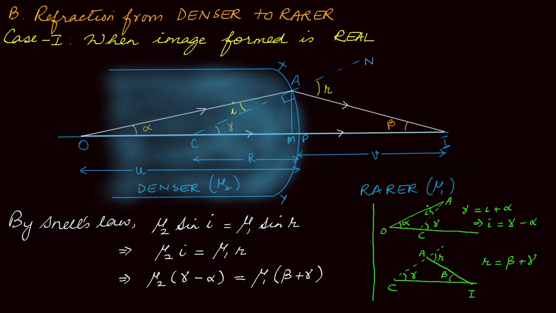Before, you had this expression: mu1 sine I is equal to mu2 sine R. This is when light is going from rarer to denser. But if light goes from denser to rarer, you see that instead of mu1 you have mu2 now, and instead of mu2 you have mu1 here. So just be careful with this part. Okay, this is another important derivation. Study this nicely. Thank you.